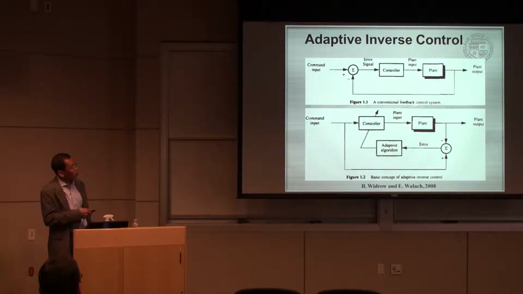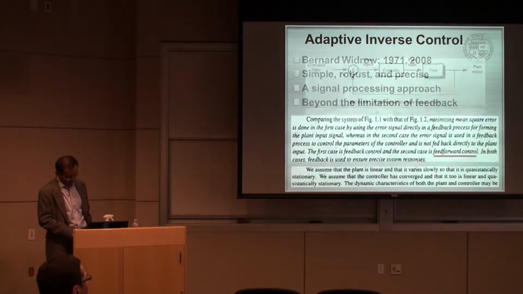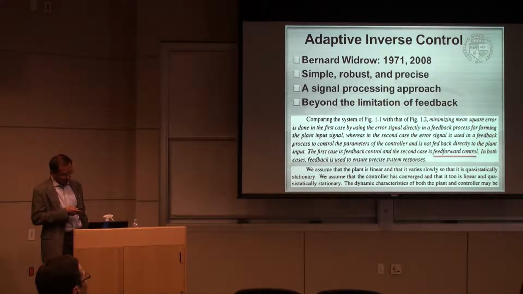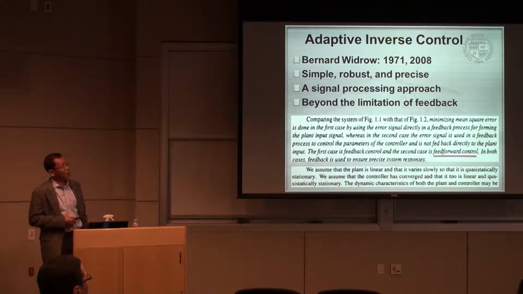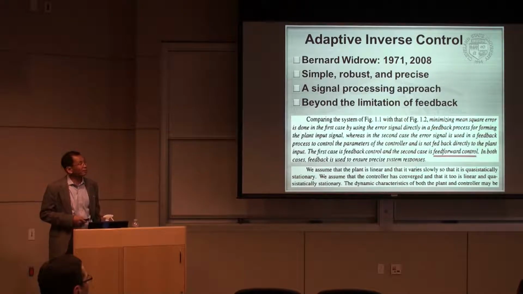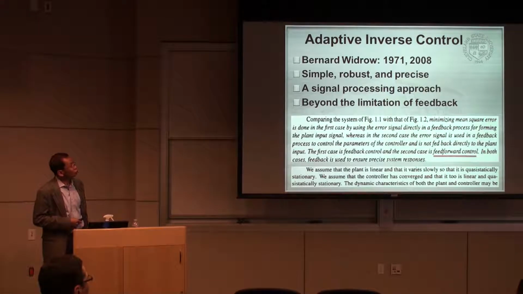So you primarily have a feedforward control, but with feedback to take care of the uncertainty. This is the idea he worked on for close to 40 years, in the attempt to find a simple, robust, and precise controller.